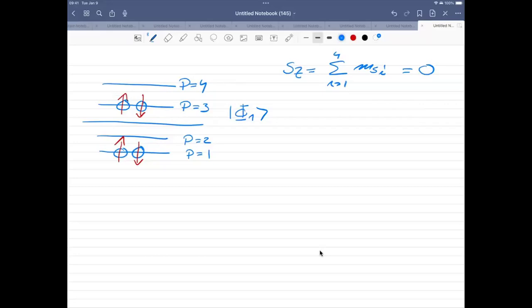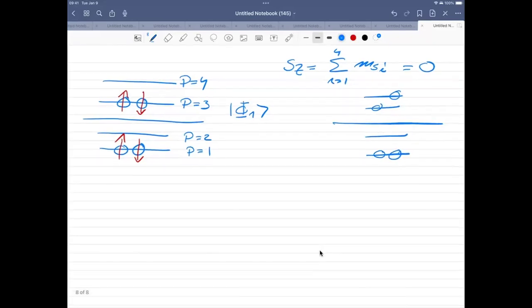Now, obviously, we could have had a situation like this one, where we also have the same spin projection, but here we break a pair. So this is a case which would not be allowed by the Hamiltonian if we just consider the no broken pair case.